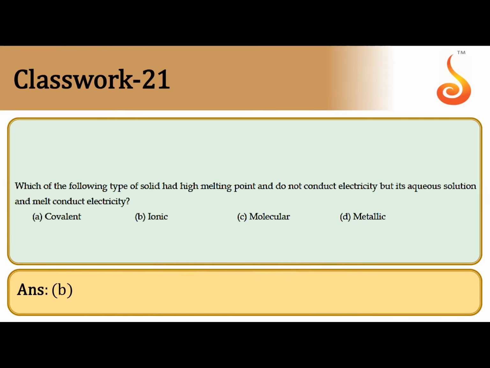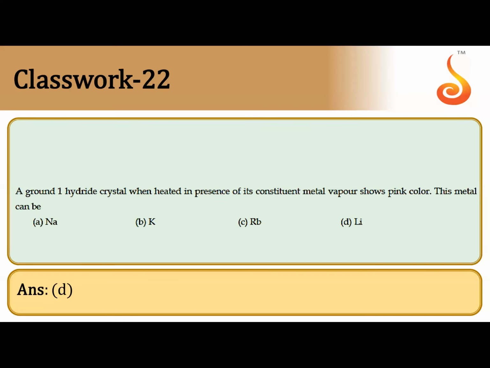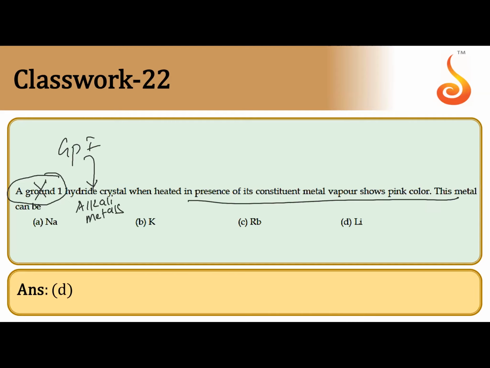Question number 22. Children, please correct the question. It's not ground 1, it's Group 1 hydride. Group 1 hydride means alkali metals. When it is heated, the vapors will show F center defect.